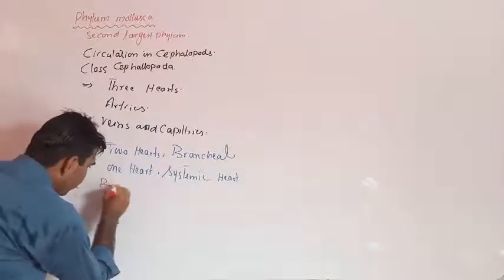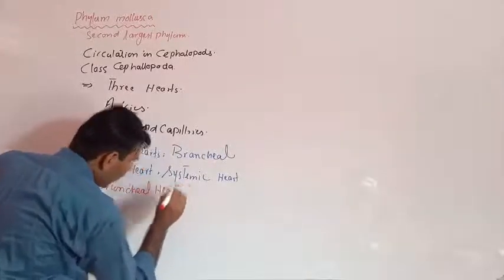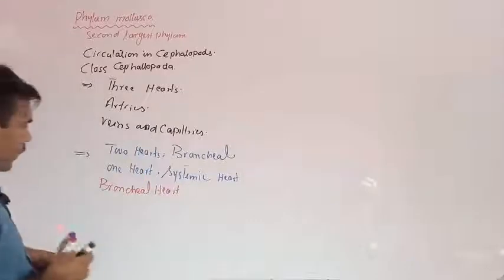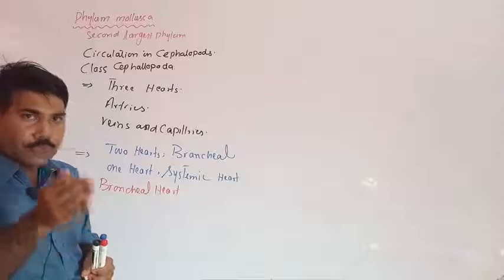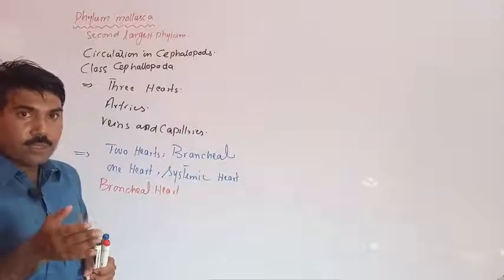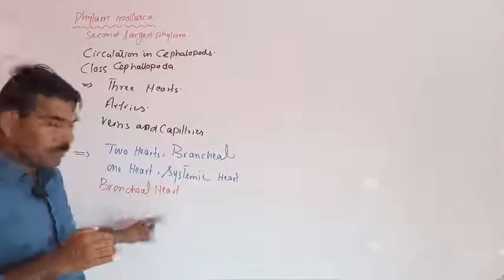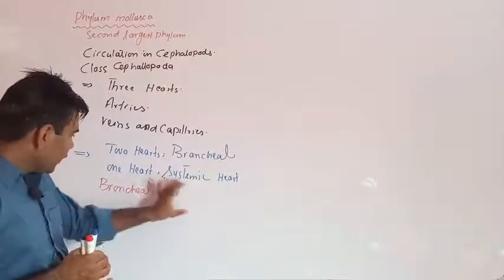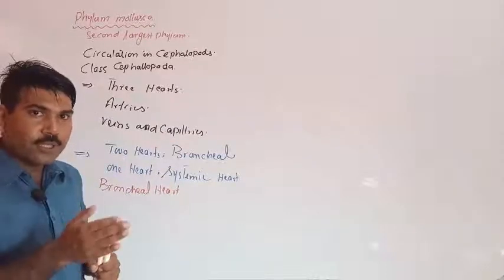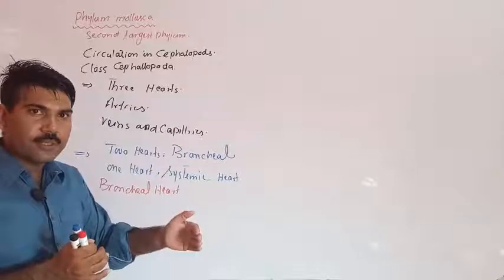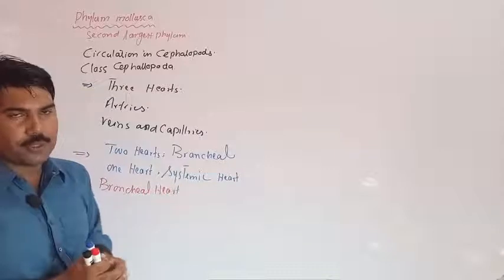These branchial hearts receive the deoxygenated blood from the body and deliver the deoxygenated blood to the gills of the animals for oxygenation.